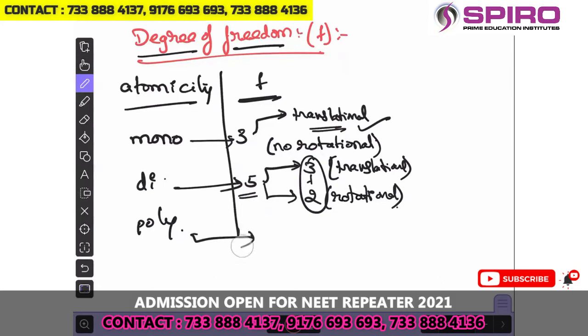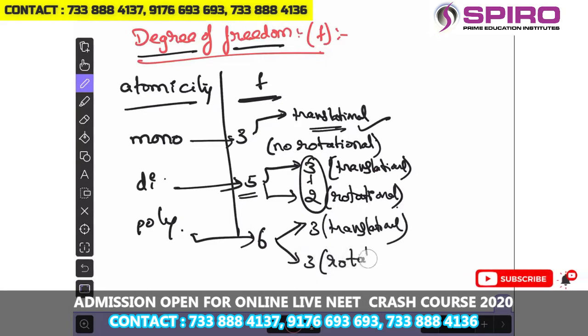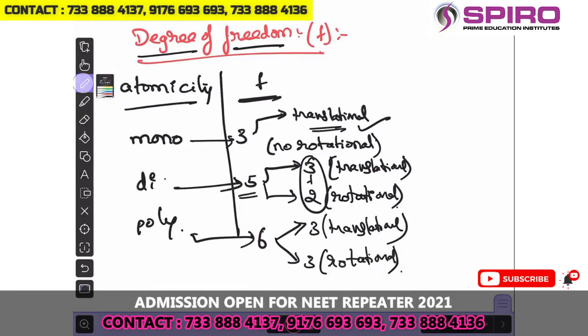When you come across the polyatomic gas, the total number of degrees of freedom is 6. That means out of 6, 3 are translational degrees and another 3 are rotational degrees. So from one gas to the other gas, it changes like this.